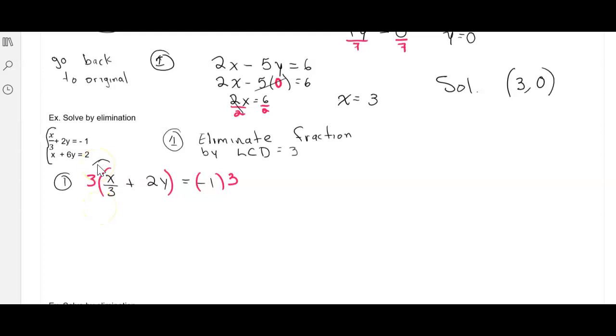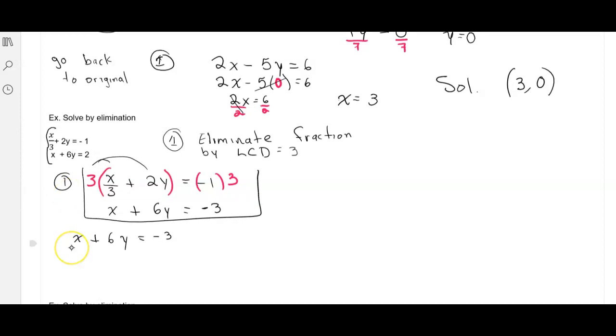Once we have it like this, don't forget to do distribution. So the first one is going to be x plus 6y equals negative 3. Once this equation is without any fractions, then we can line them up to see if we can eliminate. The second equation is x minus 6y plus 6y equals 2.